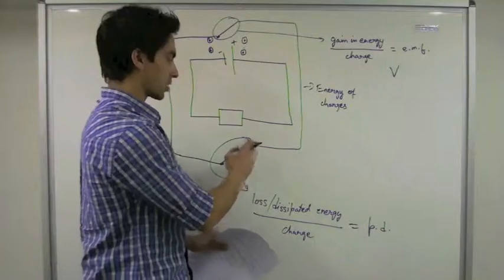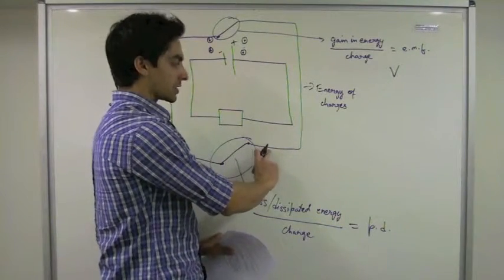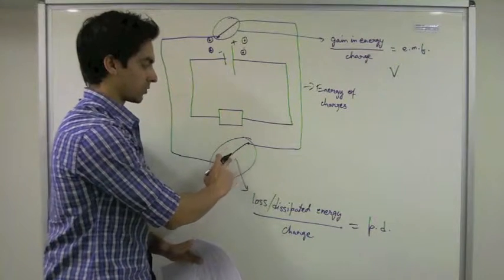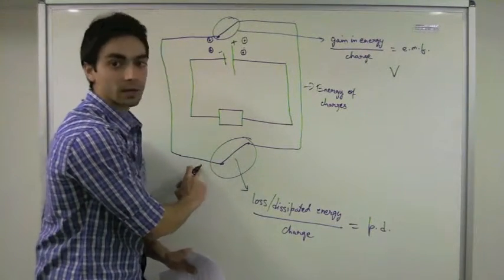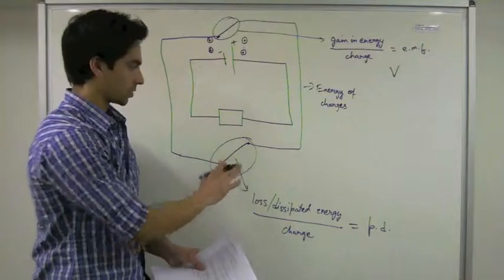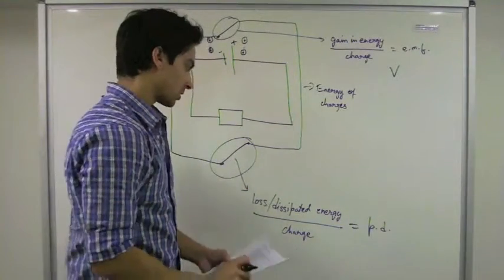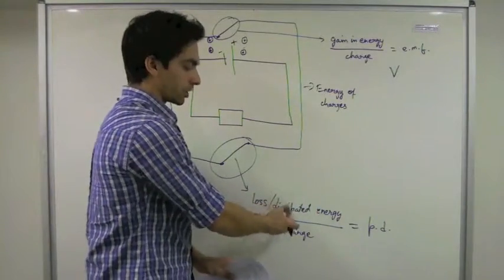The difference in potential. Over here the charges were at a higher potential, and when their energy was converted to other forms, over here they are at a lower potential. So this difference in the potential is called the potential difference. So the energy lost per unit charge.